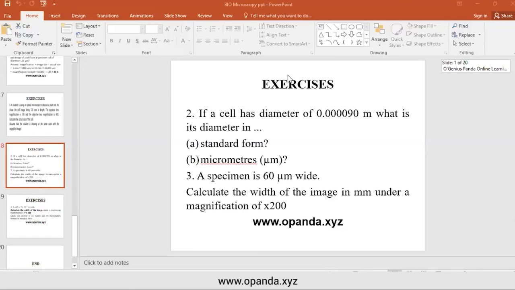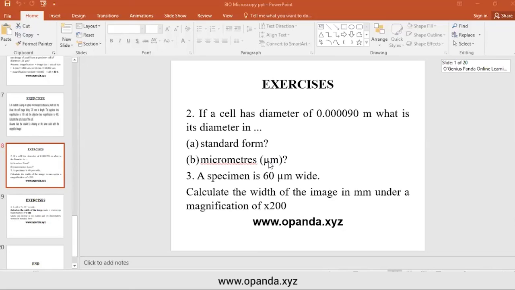Now I am helping you. Okay, do the rest. Apply the formulas now. What is the answer? The answer is 12 millimeters.